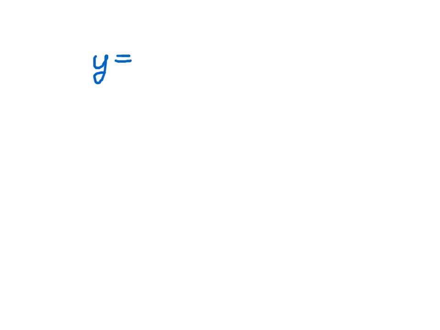So we have y equals a times the sine of b times (x minus c) plus d. Now x is our normal angle value, and y is the value of the function after we've accounted for a, b, c, and d. So what is a?